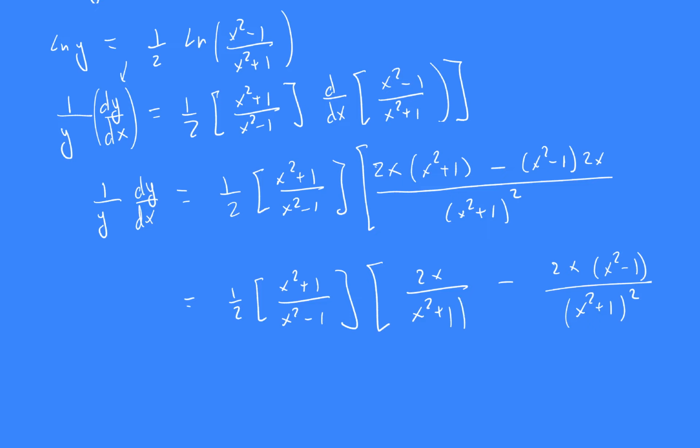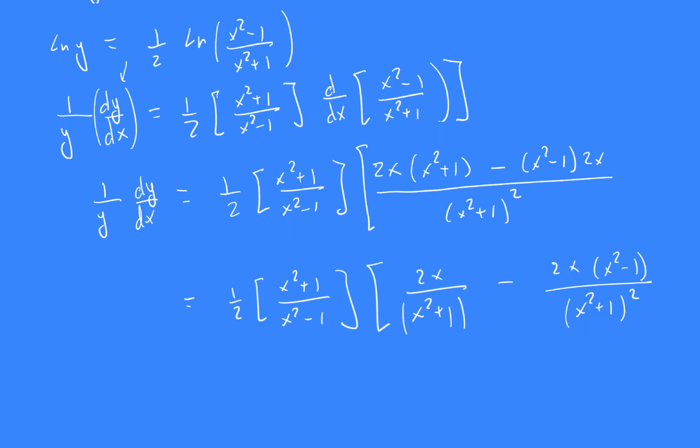Sorry, I didn't write the square. And this is, oh, no need, sorry, I already did the x squared plus 1 divided by (x squared plus 1) square. This is this.